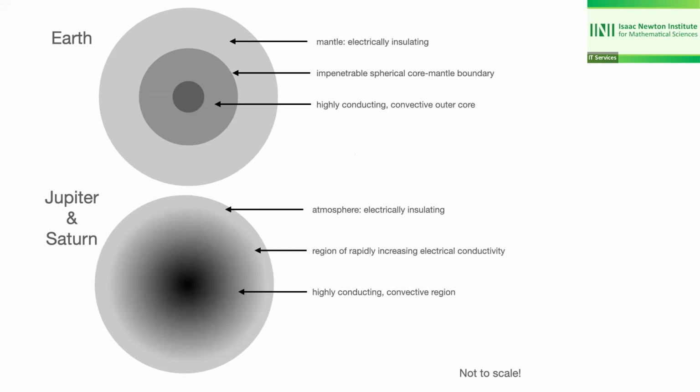Then it jumps discontinuously to a high value in the liquid iron outer core. So that means we have relatively few problems in taking observations made up here and downwardly continuing the resultant models to this boundary on which the electrical conductivity jumps discontinuously.